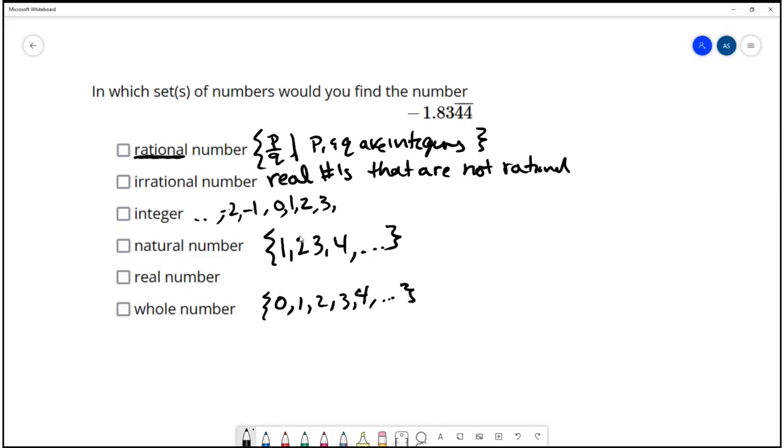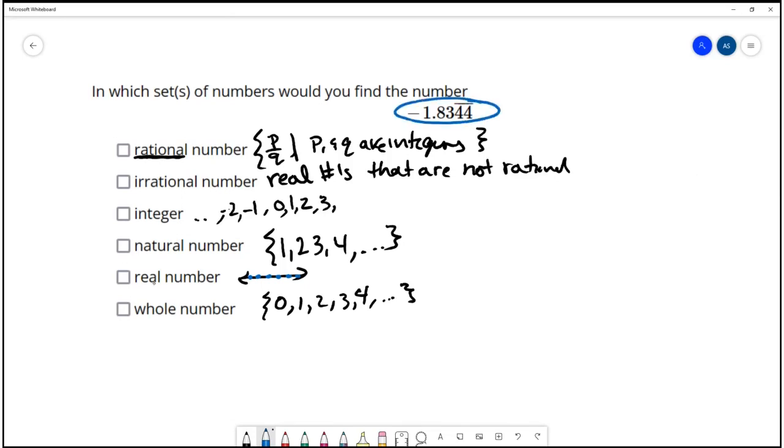Our real numbers encompass all of these types. So a real number will be rational or irrational. So basically, if you think of our number line, any number that we could place on that number line somewhere is considered a real number.